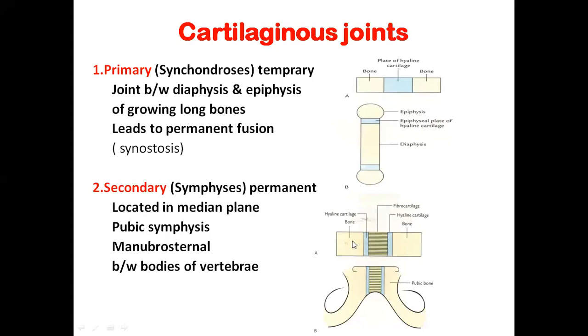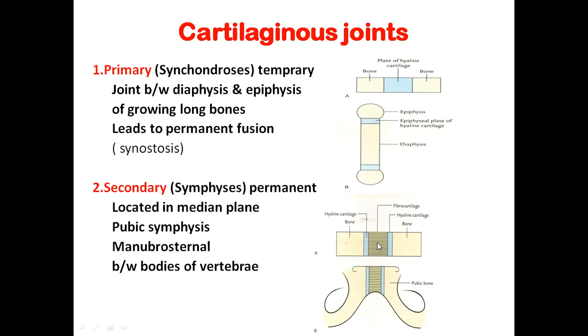So these are various bones. This is one bone, this is another bone. And these bones are united with each other by a type of cartilage, that is a fibrocartilage, and these joints show the union.